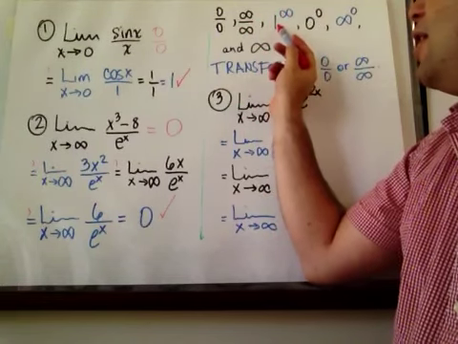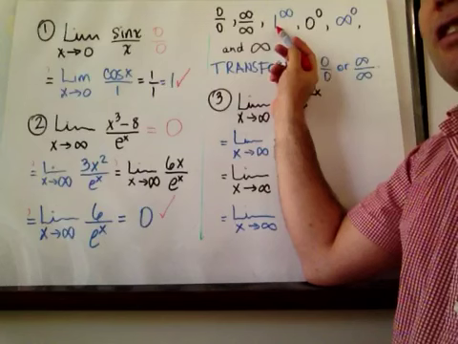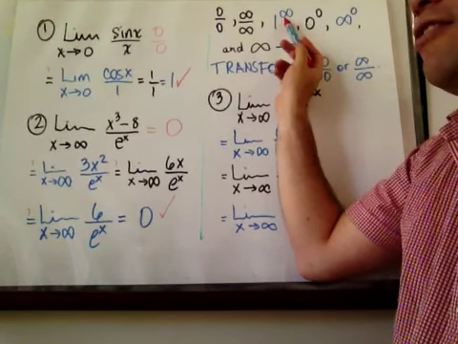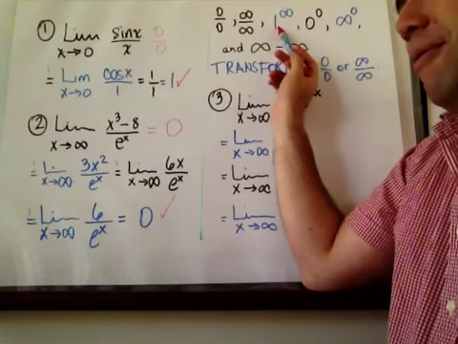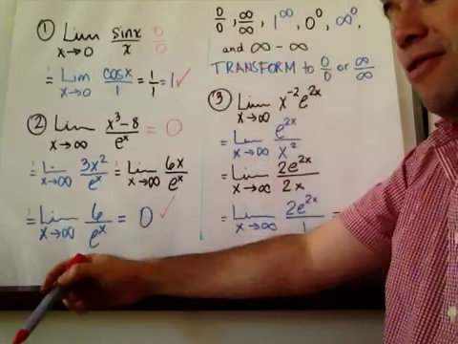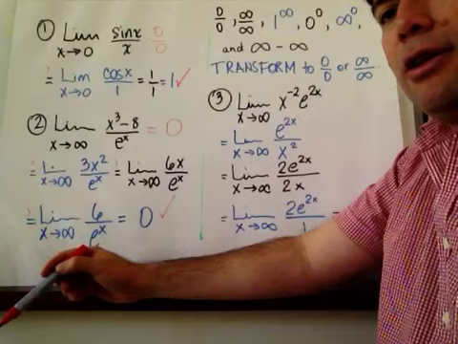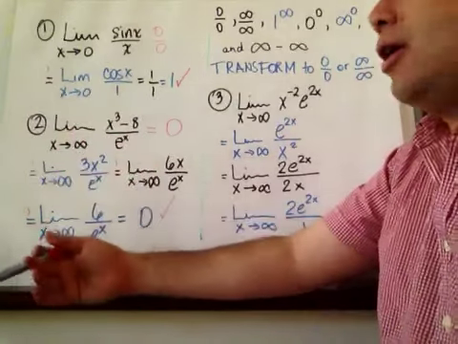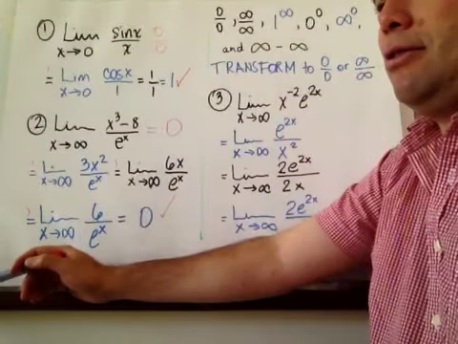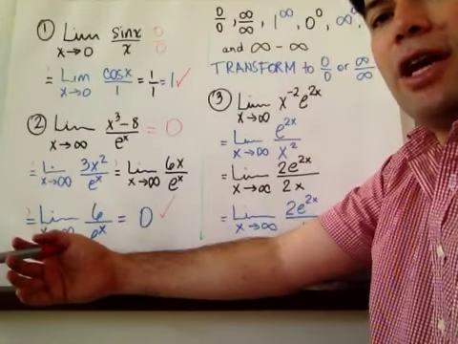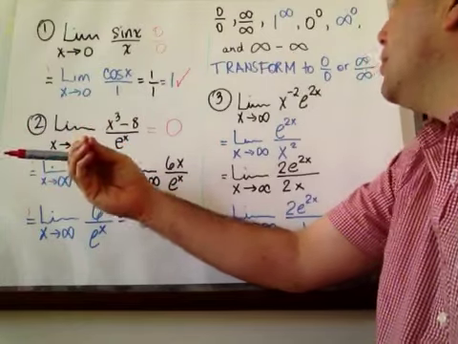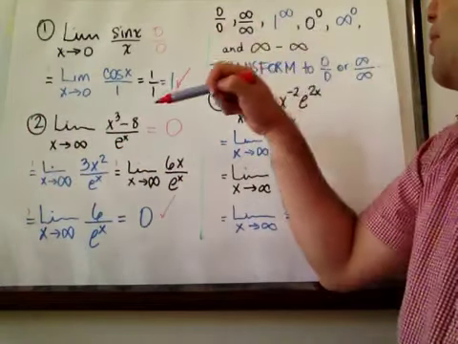It depends on how fast the value is getting to 1 and how much it is increasing. Because we know that if it's greater than 1 and you multiply it by itself a lot of times, it'll grow and grow and grow. But if it's less than 1 and you multiply it by itself a lot of times, it'll decrease and decrease and decrease and basically become 0. So that's an indeterminate form.